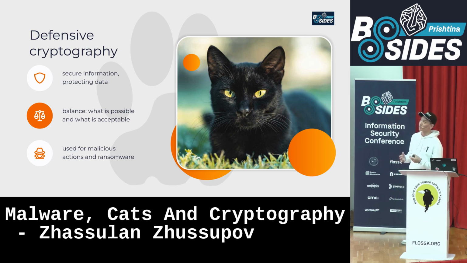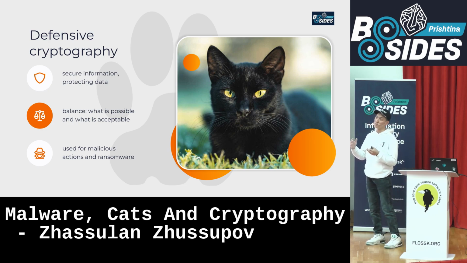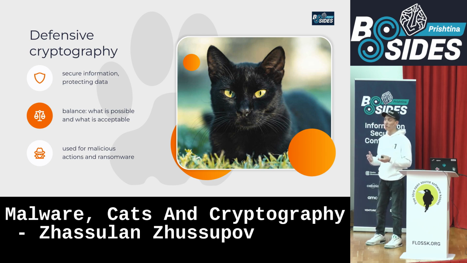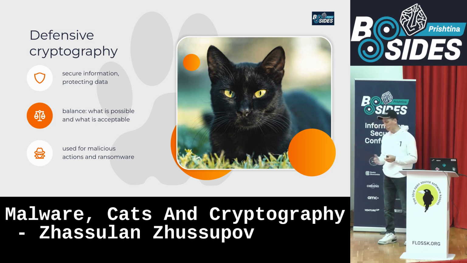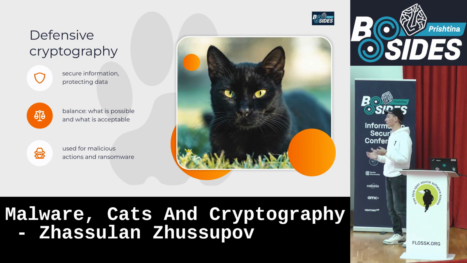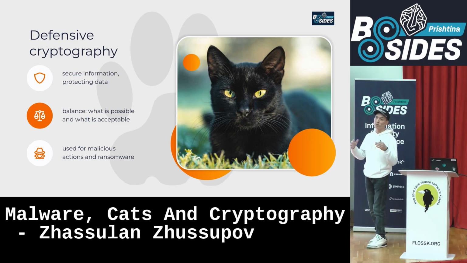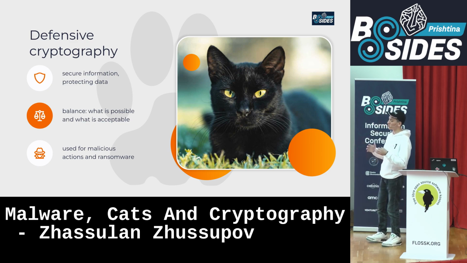Many of us use cryptography for protecting communication, for example between servers and infrastructure, for encrypting data, and with other solutions like PGP and mail. Traditional defensive cryptography is a balance between what's possible and what's acceptable, because you cannot encrypt everything and secure everything.